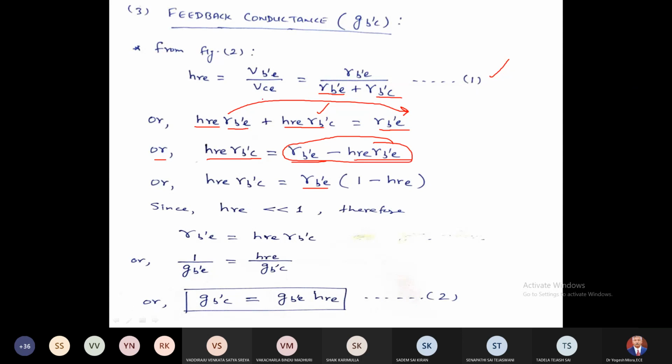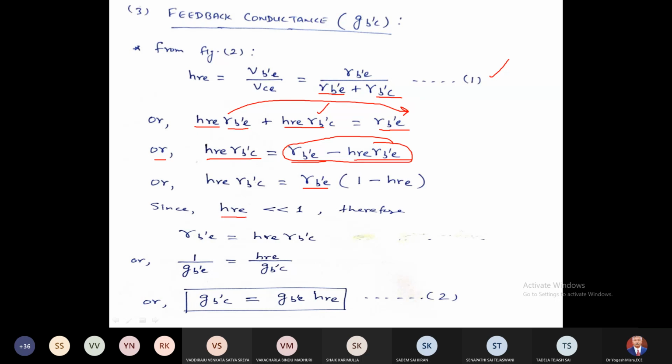Now see, HRE is a smaller quantity. A voltage gain is a high quantity, but reverse voltage gain is a very small quantity, right?